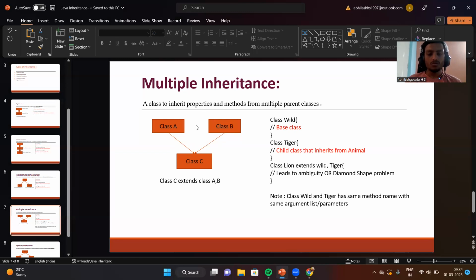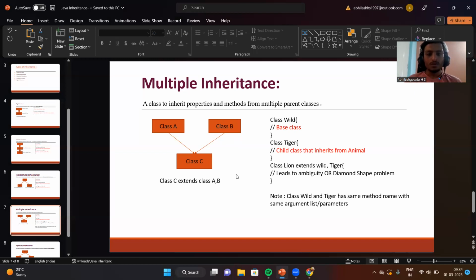When you create an object of the child class C and try to call that method, it will get a confusion or ambiguity about whether to call the one in class A or the one in class B. So here there will be confusion. This is known as the diamond problem.